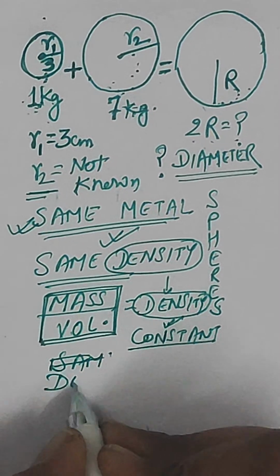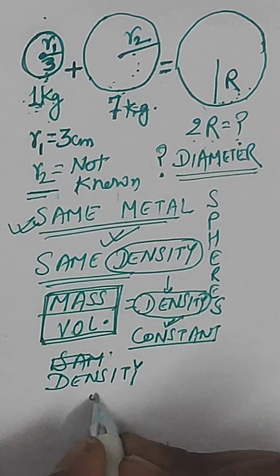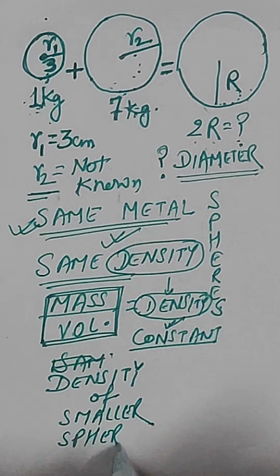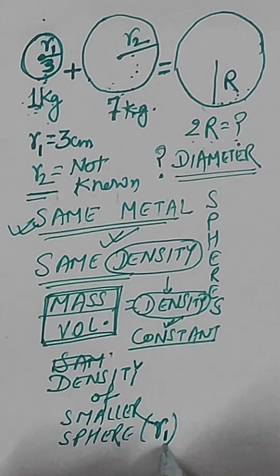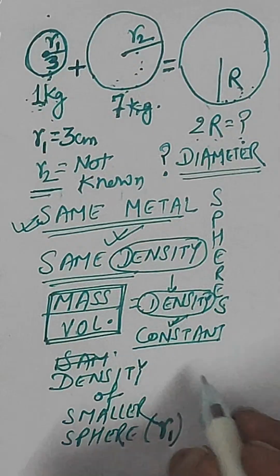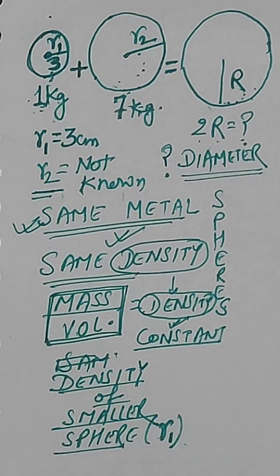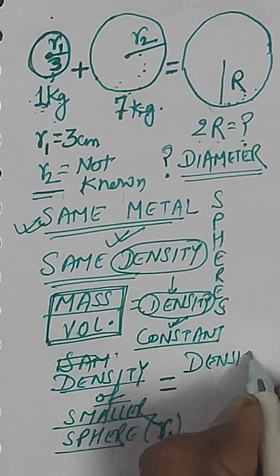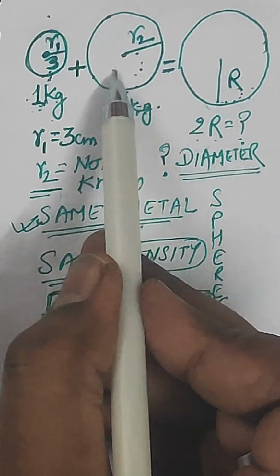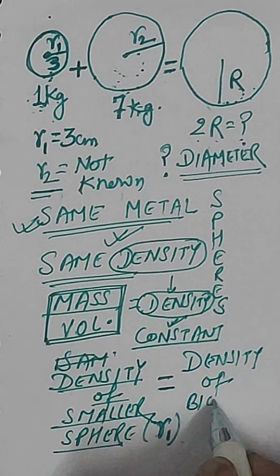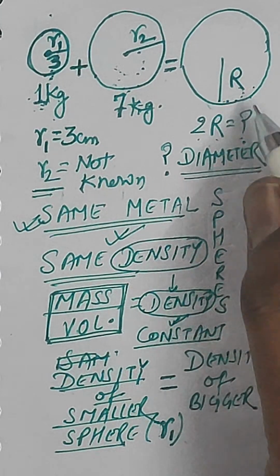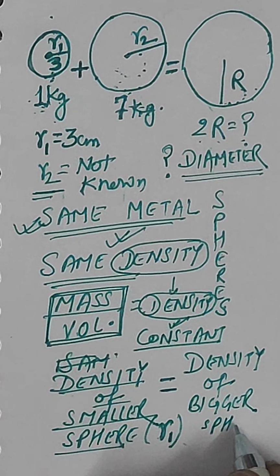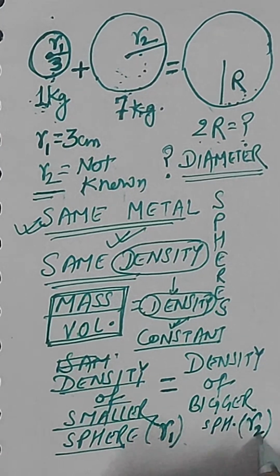So let me write: density of a smaller sphere with radius r1, right, should be equal to density of this bigger sphere, not the biggest, I'm just telling the bigger, the middle one, with radius r2, right?